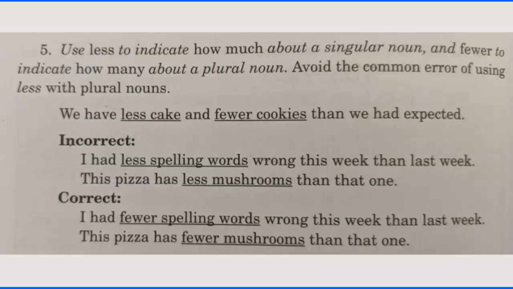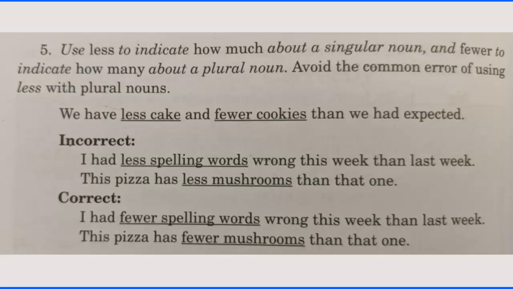Number 5, use less to indicate how much about a singular noun and fewer to indicate how many about a plural noun. So look at the incorrect. I had less spelling words wrong this week than last week, and instead it's plural. We want to say I had fewer spelling words wrong. This pizza has less mushrooms than that one. It should be this pizza has fewer mushrooms.